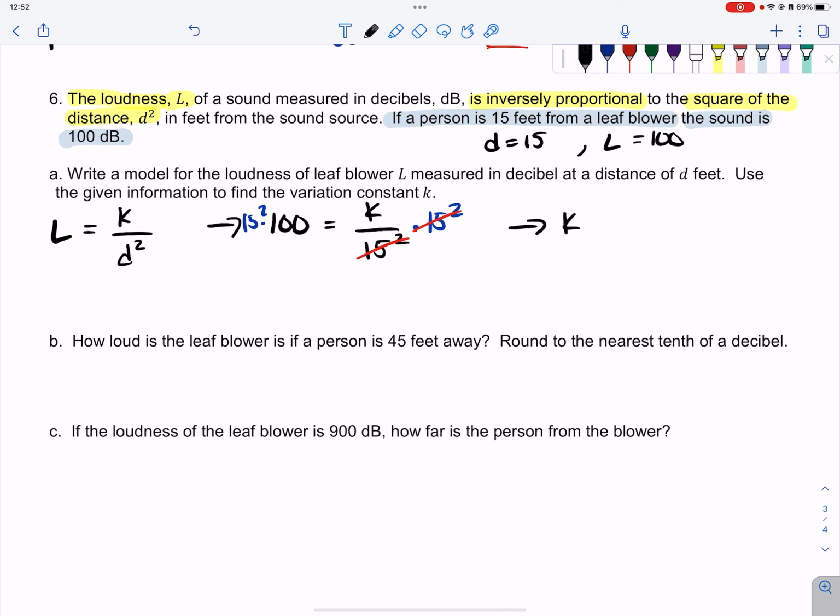That gives us K is equal to 15 squared times 100, which is 22,500. Now let's go back to our original equation and replace K with 22,500. So L is equal to 22,500 over the distance squared.